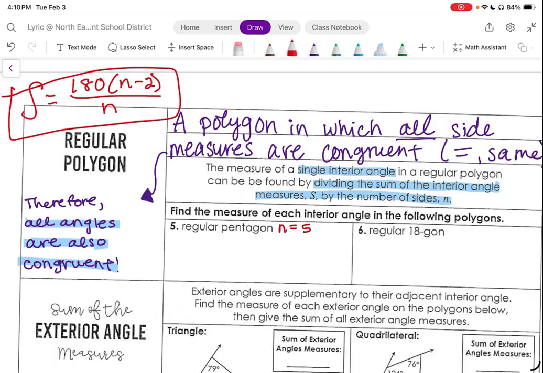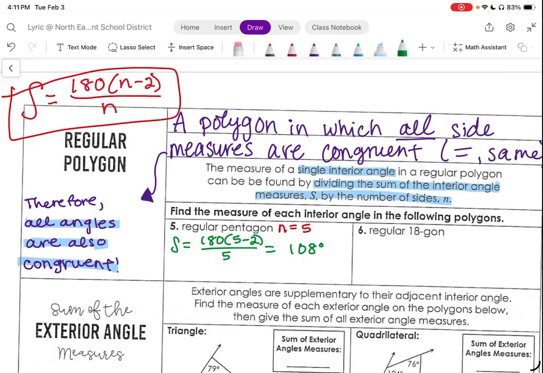So we're going to use that 5 as our n and plug it into the formula we just wrote at the top. S equals 180 times 5 minus 2 all over 5, our n. And you could put this whole thing in the calculator, and when we do that, we get 108 degrees. So one pentagon's angle is 108 degrees.